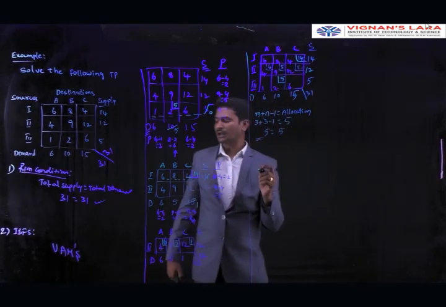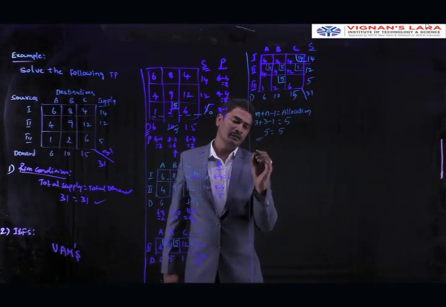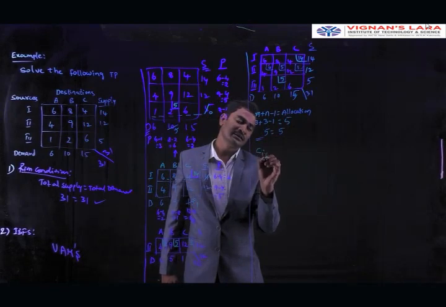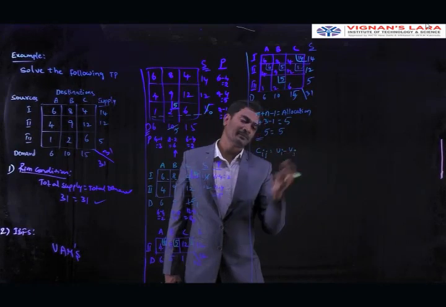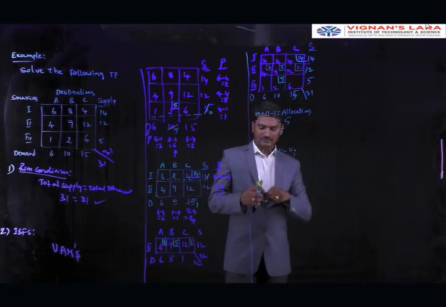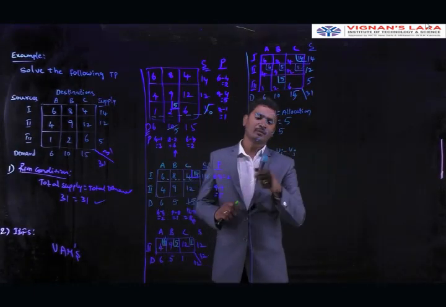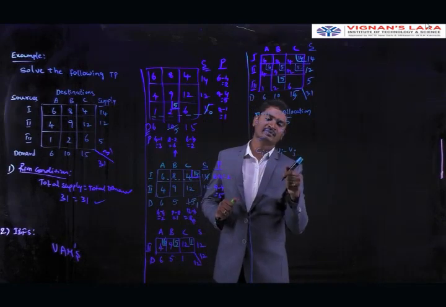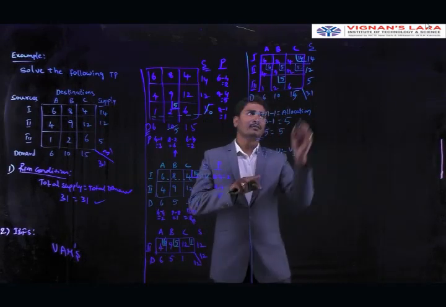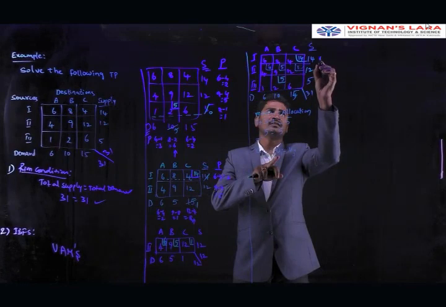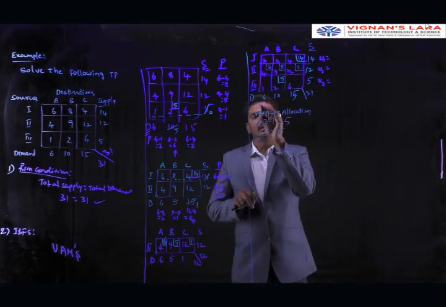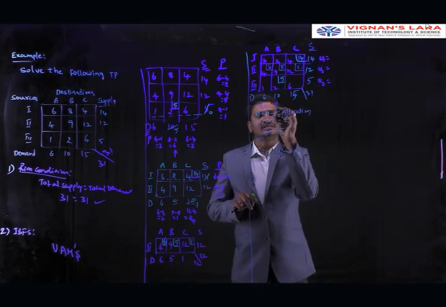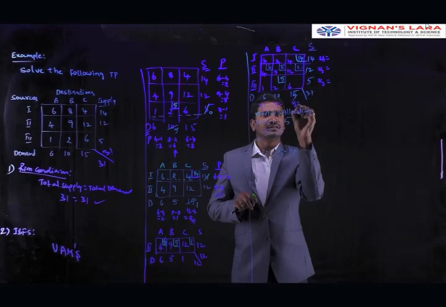Now we are going to calculate Cij is equal to Ui minus Vj. Okay. Here I am going to calculate Cij is equal to Ui minus Vj. Here we are assuming this is U1, this is U2, this is U3, and here this is V1, this is V2, this is V3.